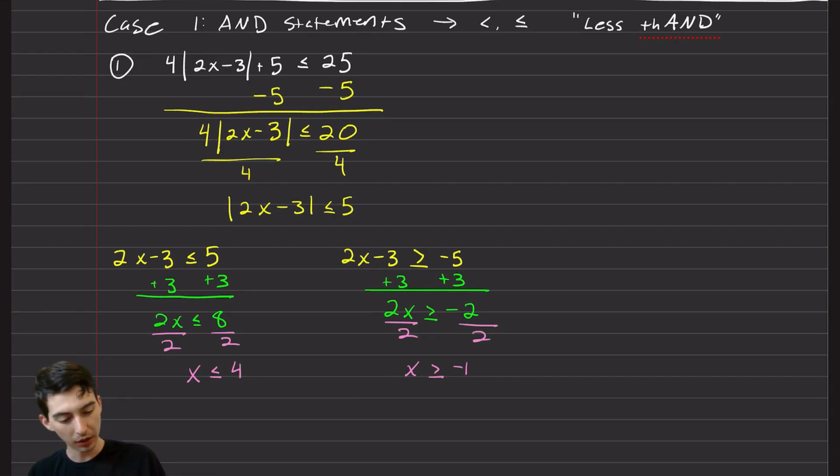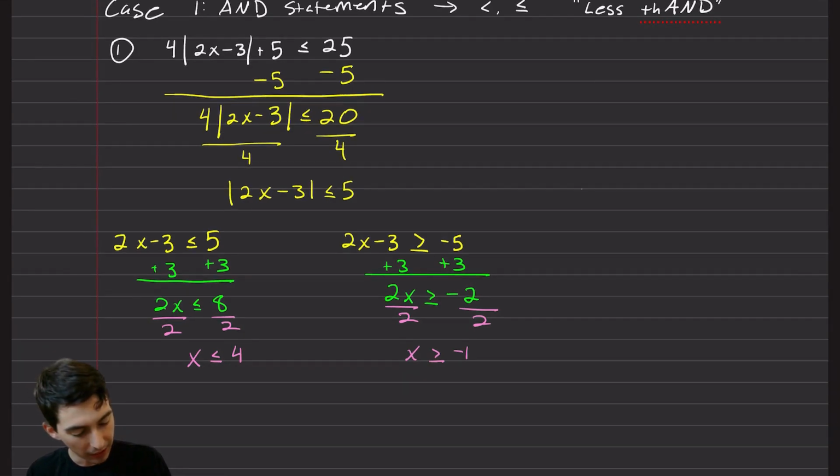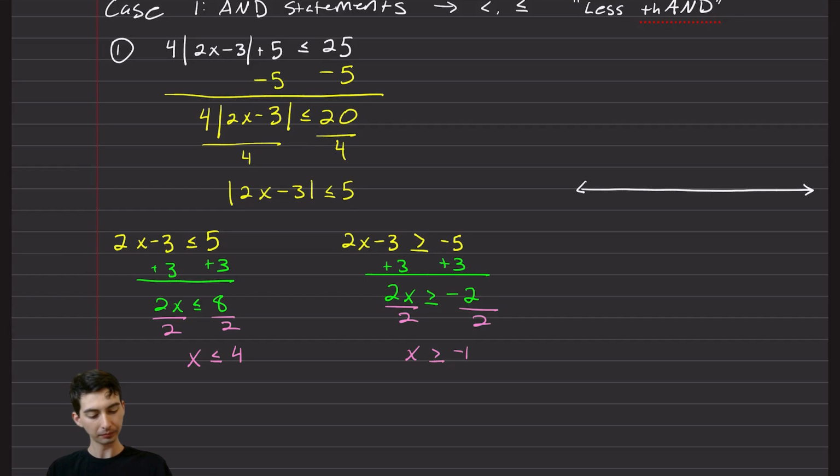And so we're going to go ahead and graph these on a number line. I'm going to do it out to the side here. And so I've got 0, negative 1, and 4. All of these have the line underneath it, so we're going to do a closed circle at negative 1 and positive 4.